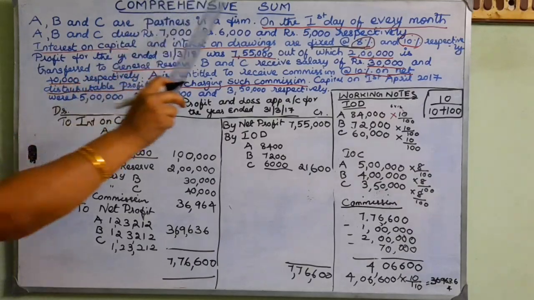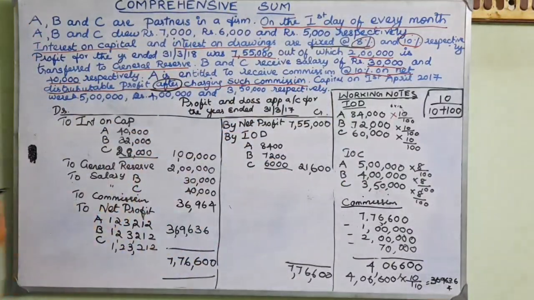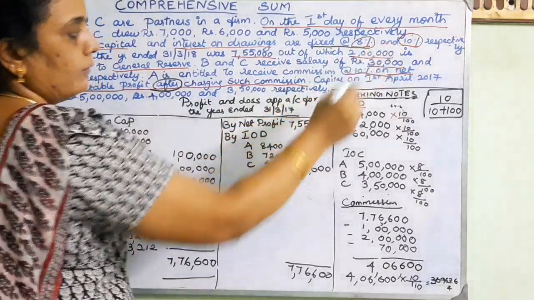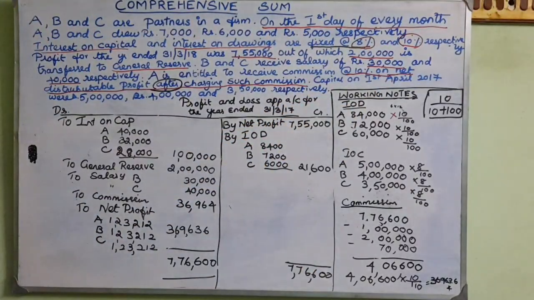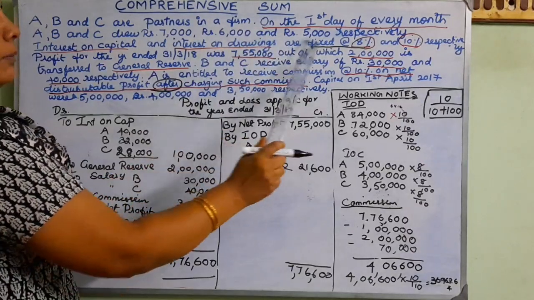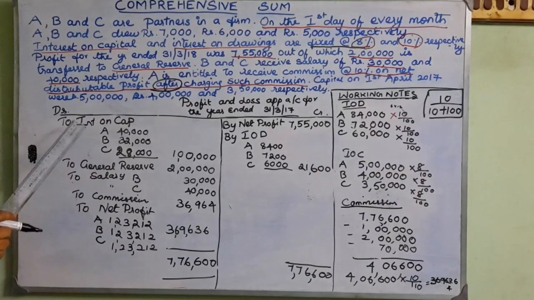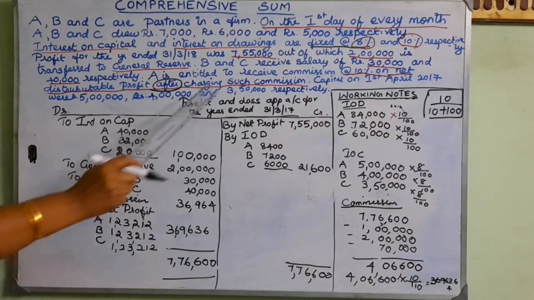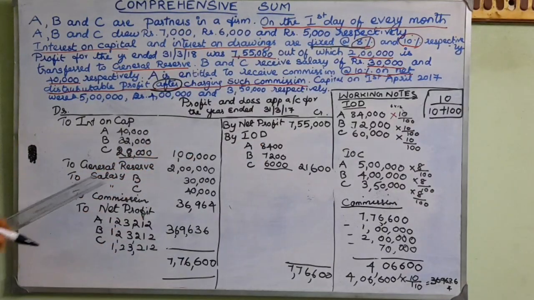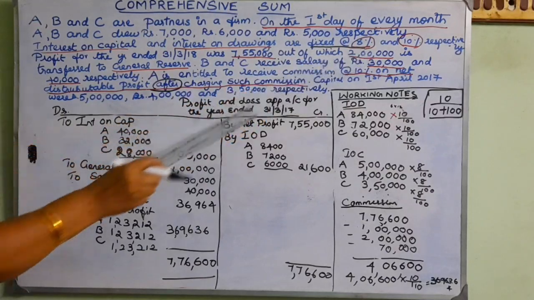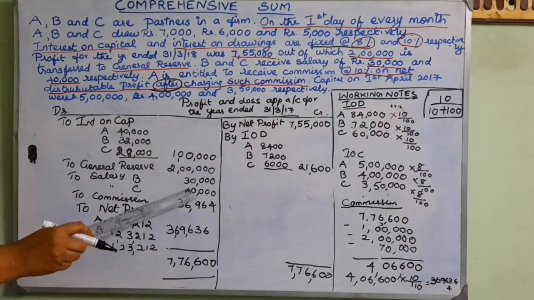Again, to come back to the sum, we have done a very comprehensive sum, and we have done each of the things very carefully. You have seen the interest on drawing without the words per annum, so we took it on the total withdrawal amount directly. Interest on capital has been calculated on the opening capital. The general reserve given in the sum we have taken, and salary we have taken.